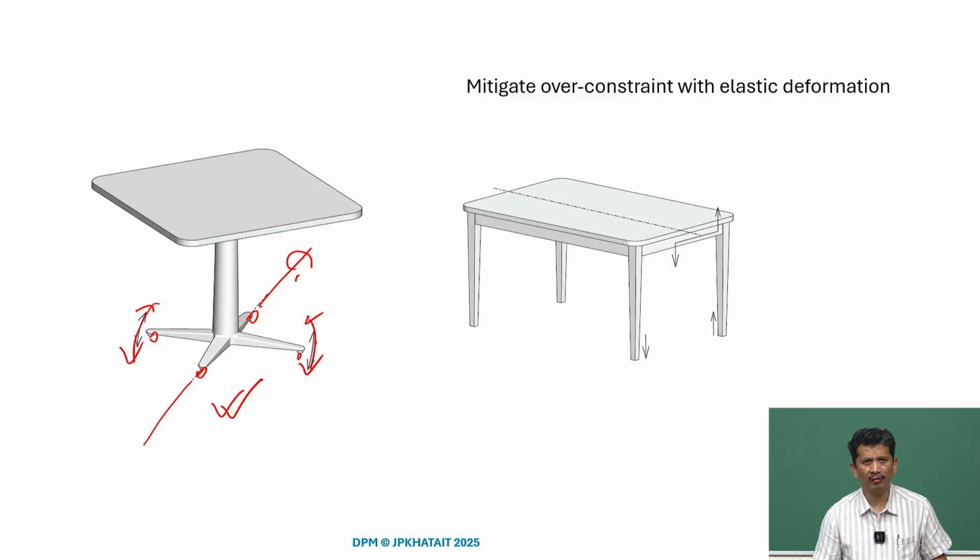But if we really want to use 4 legs to improve the load sharing and even the stability, and we want it to always be stable and not rock, then what we have to remember is the elastic deformation. We can mitigate over constraint by providing elastic deformation.